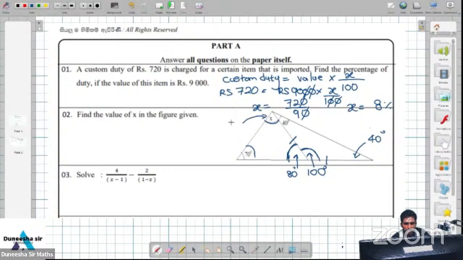How much is the x? Not X, this part here. How much is it? Okay. 30. Is it? Yes. X is equal to now 30 plus 40. How much? 70, isn't it? Is it?